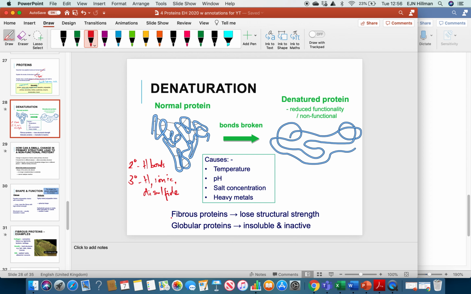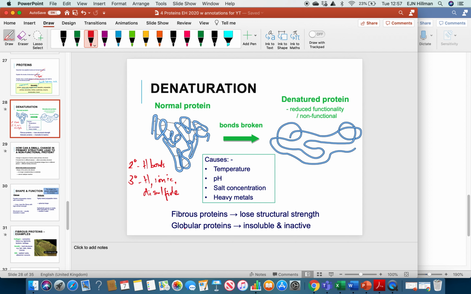Okay, so why is that important? Well, if those proteins are fibrous, i.e. longer proteins that play a structural function in the cell, they may lose their structural strength, they may lose their shape, and that structural property that they have would be lost.